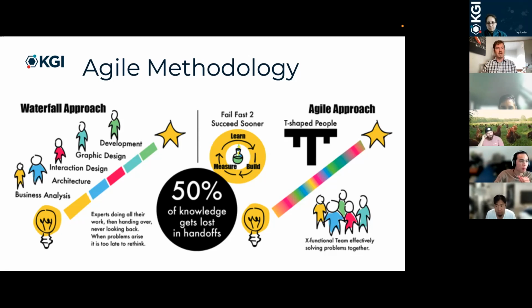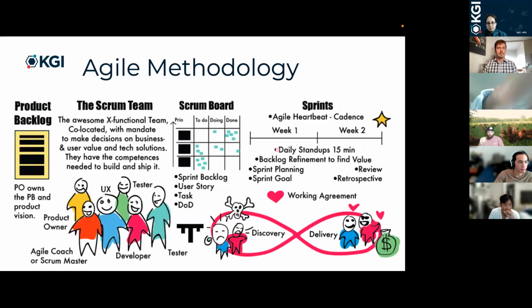And because we're working together, that input actually has value and can change the scope of the project. So by putting all these people together, you are empowering people to make decisions across the continuum of what needs to happen for product development.